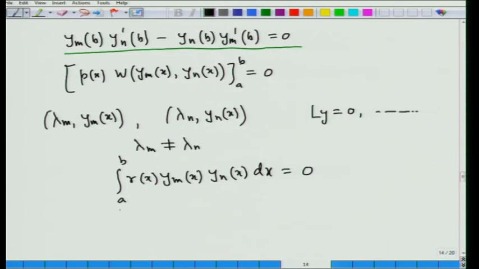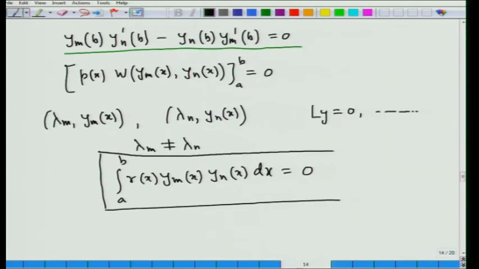So, this is the result. That means two distinct eigenfunctions corresponding to different eigenvalues lambda m and lambda n are orthogonal to each other. So, today we have established this result.